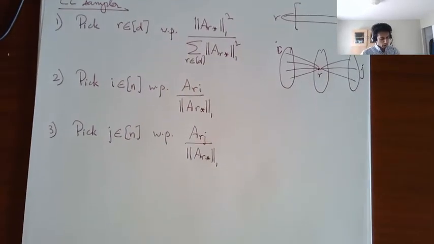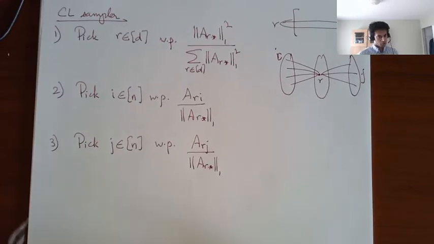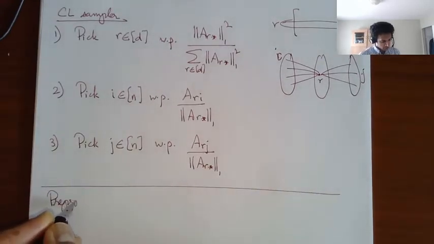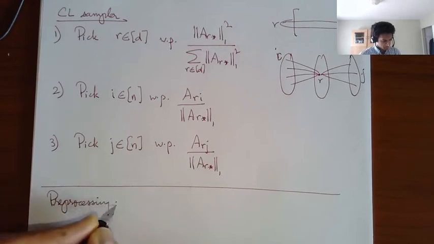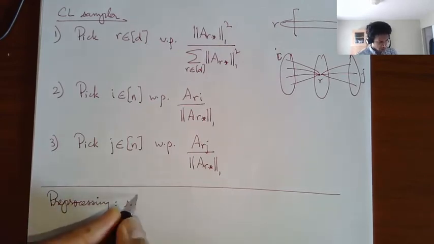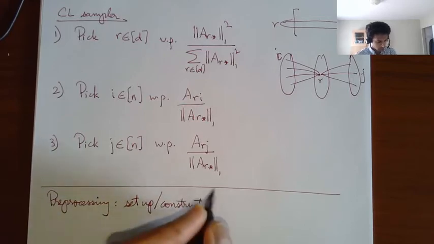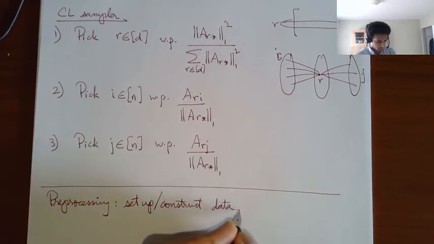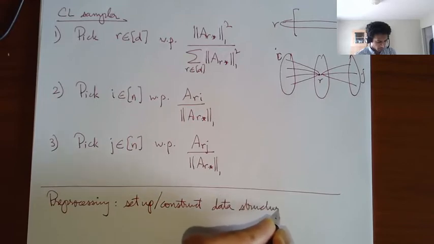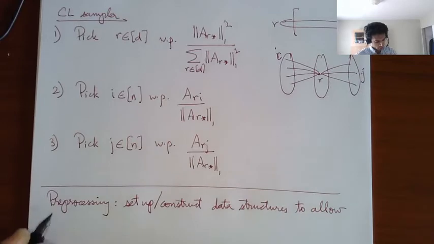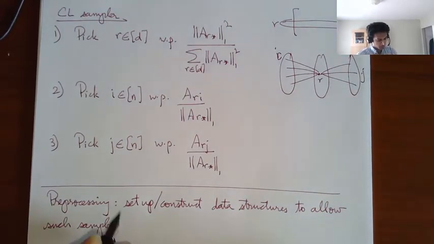Alright, so this is the sampler. The preprocessing step to build the data structure is simply to set up data structures to allow such sampling.